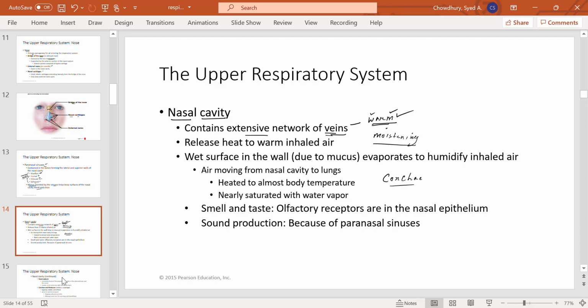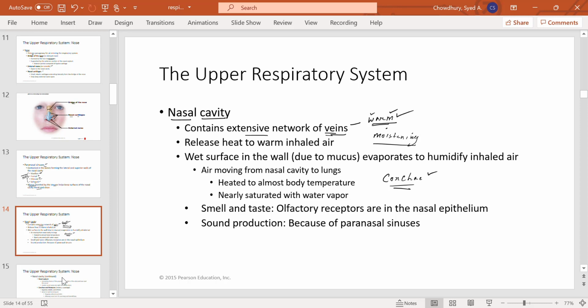So you have three pairs, and because of those structures, the entering air would stay there and circulate inside the nasal cavity for longer time. So it will get mixed with the moist surface and the warm surface of the nasal cavity. That is called the turbulence of the air, helped by the concha. So to make sure that the air gets enough time to get moist and warm.